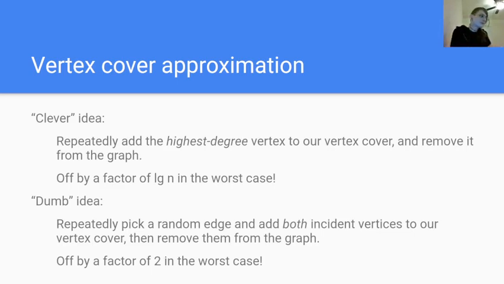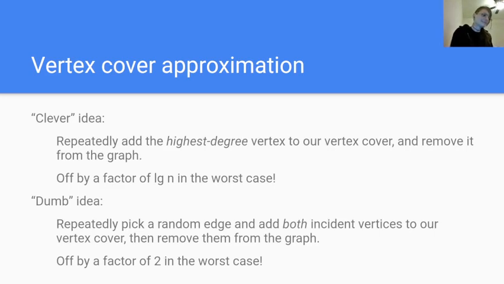Say, oh yeah, let's take the one that has like 50 edges going off of it, because that's likely to be a better vertex cover than when you take a vertex that has just one edge poking off of it, right? It makes sense. But you can construct degenerate cases out of bipartite graphs that cause this approximation algorithm to fall apart. In the worst case, it is off by a factor of log n.